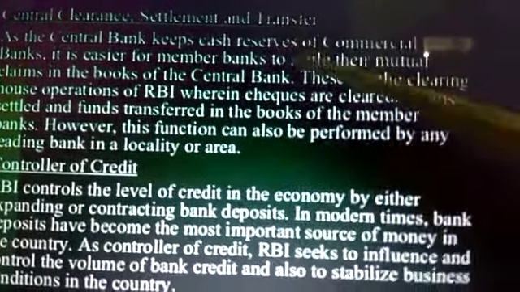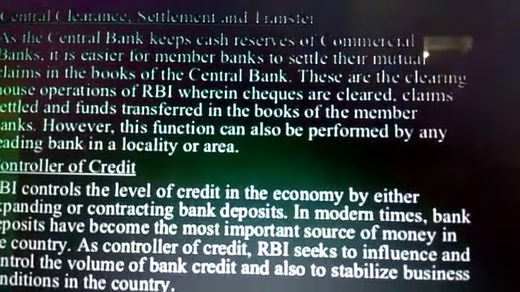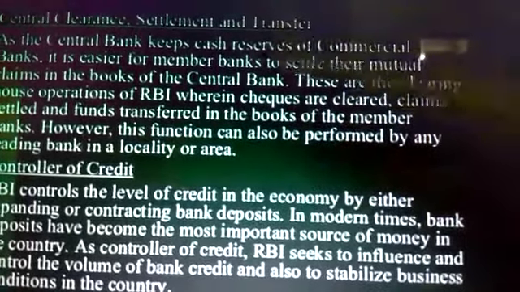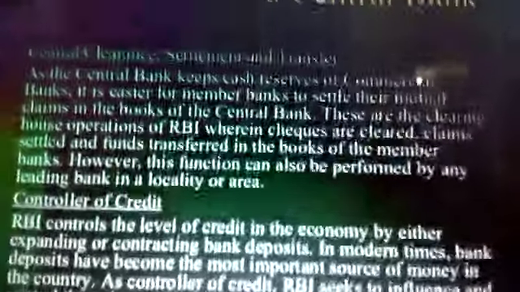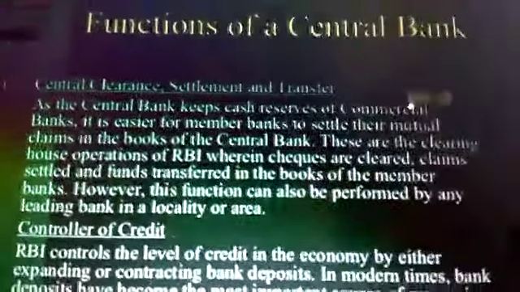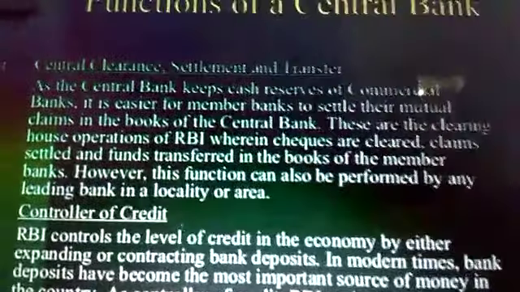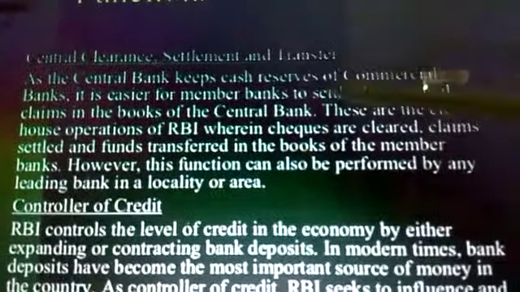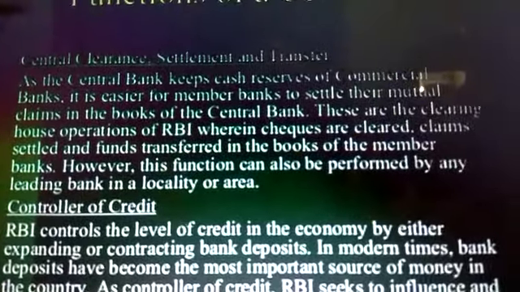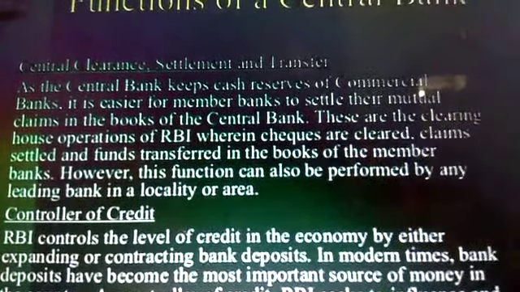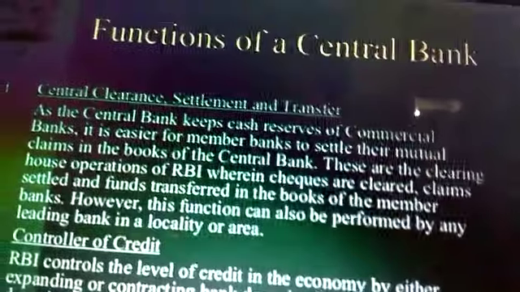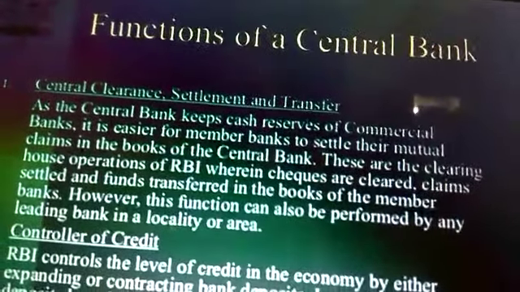How? The central bank has the reserve of each bank. Using that cash reserve, it clears the payments in the central bank's account. SBI has to pay PNB. Suppose SBI has 5,000 cash reserve and PNB has 5,000 cash reserve.